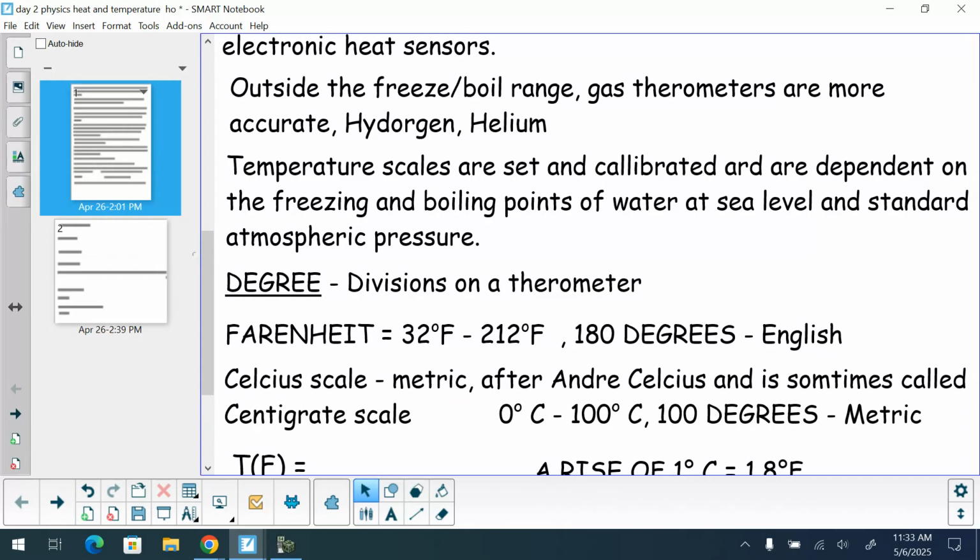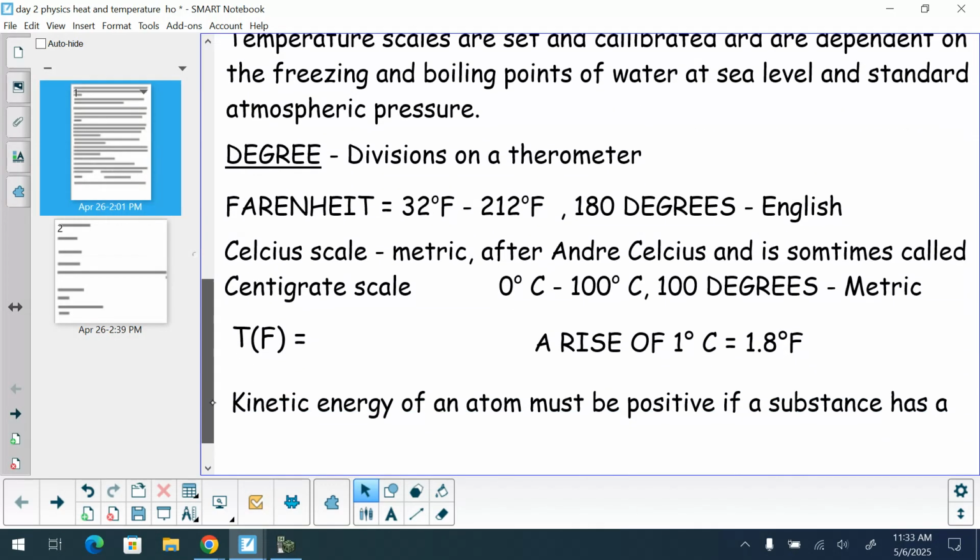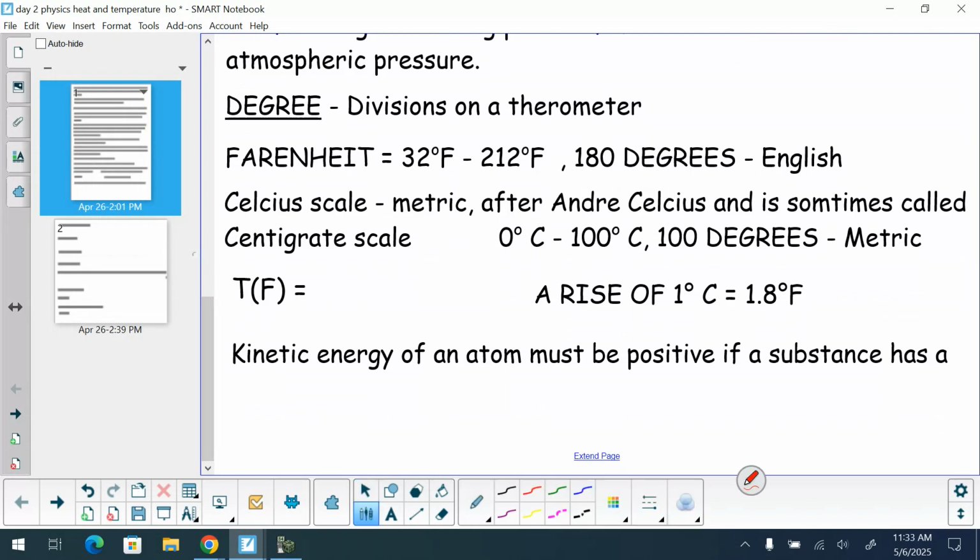We go from 0 to 100 degrees. We have freezing and we have boiling of water. 0 degrees Celsius is freezing of water. 100 degrees Celsius is boiling of water. Where here we have freezing, we have boiling, we have 32 to 212 degrees.